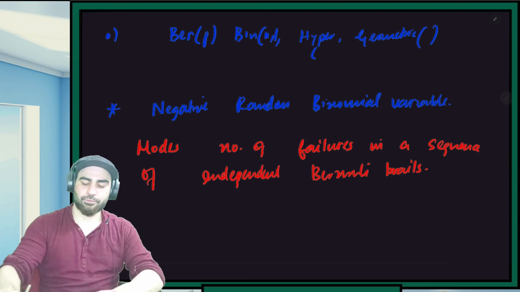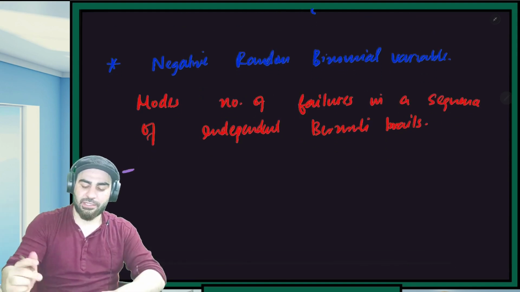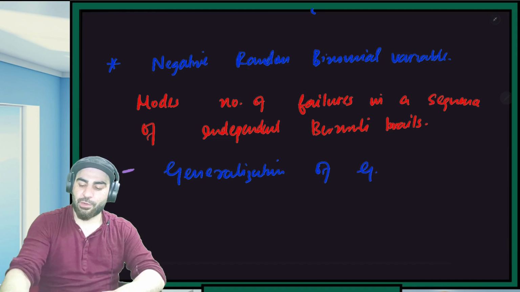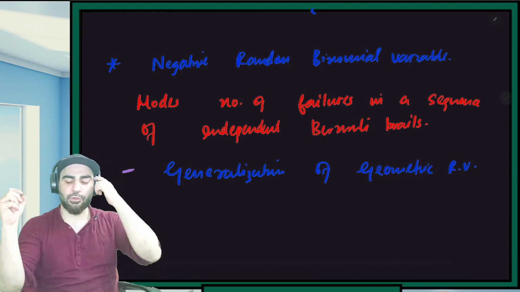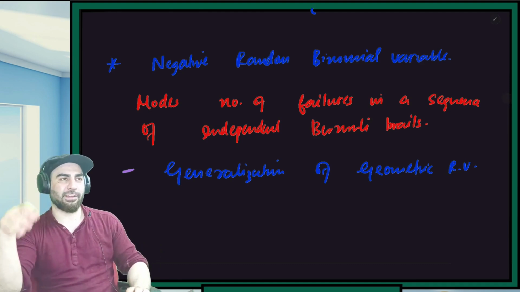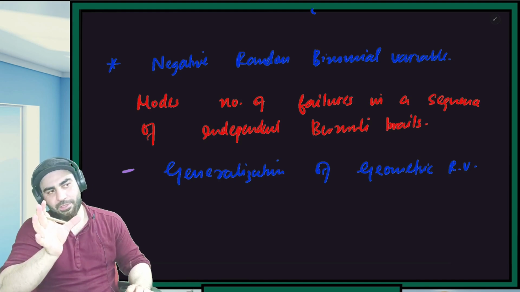Now, this is a generalization of the geometric random variable. In the geometric random variable, we count the number of failures till we get the first success, or the number of flips till we get the first success.